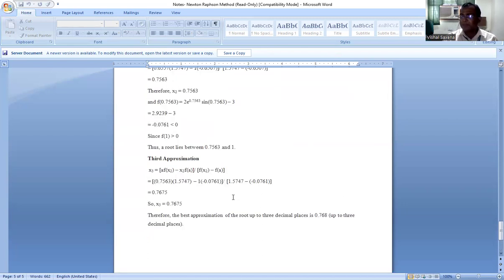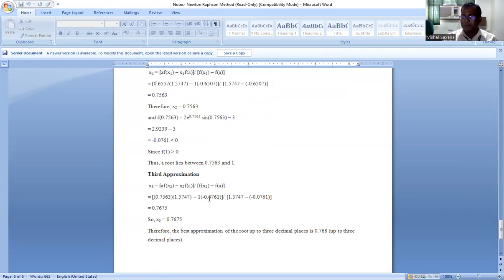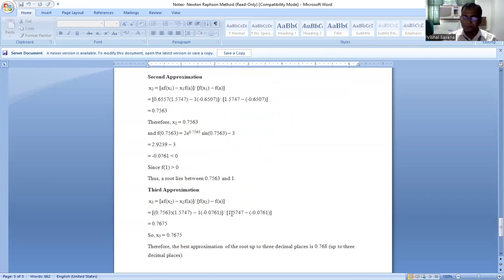We could apply the fourth approximation as well, and finally we would get our root. But since the third and second approximations are giving values close to each other, we are not extending our process further, and with the third approximation our root will become 0.7675 for the given equation by the regula falsi method.